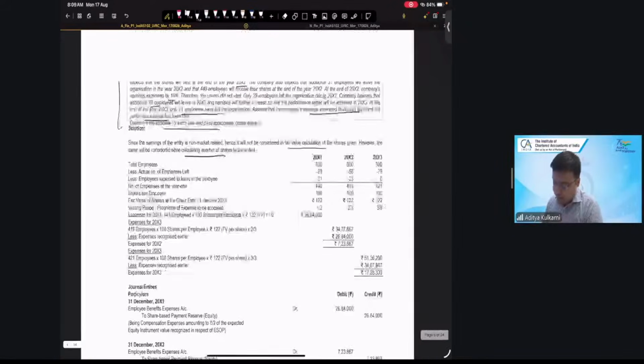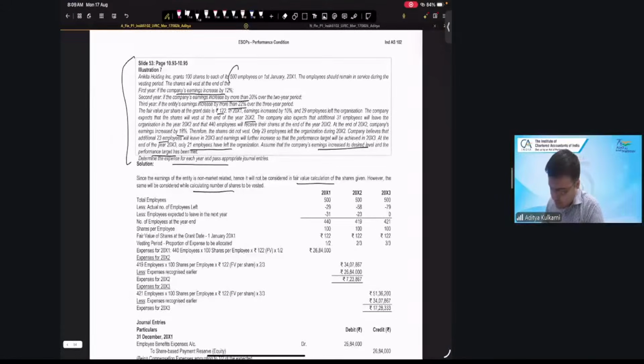So, I have at the start 500 employees. Out of 500, how many employees left? 29. Expected to leave in the next year, 31 employees. 440 will get their shares. At the end of 20x2, I started with 500.